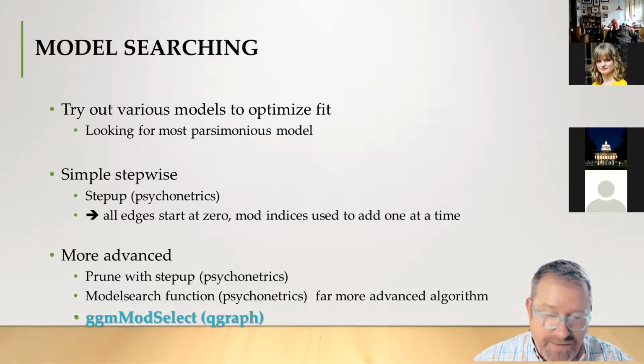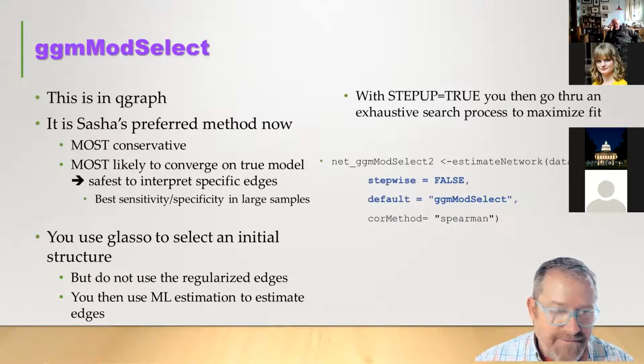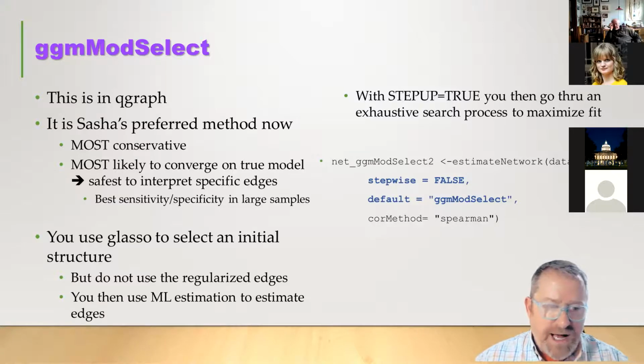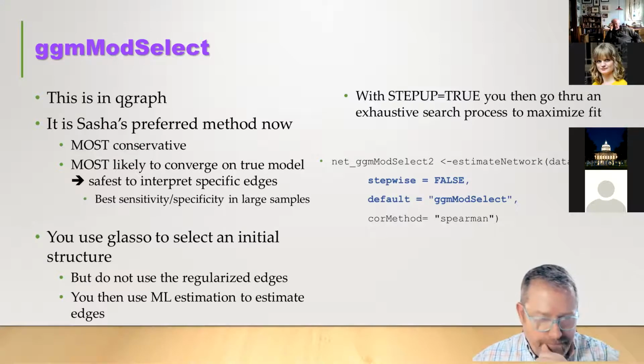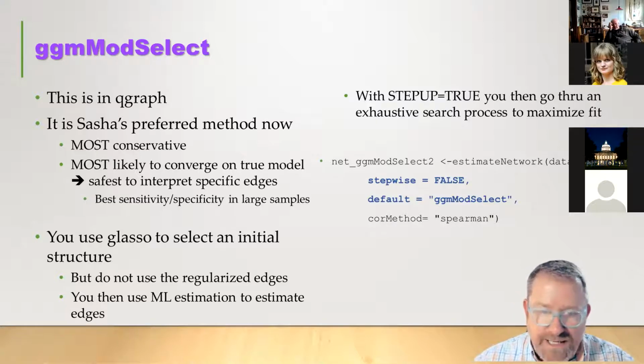It seems to have the most effective strategy. It takes a bit to run, but it's effective. So this is in bootnet and qgraph. It's quite conservative. The Monte Carlo studies show it's highly likely to converge on a true model. I'm not going to go into the strategy. The syntax for doing it is fairly easy.